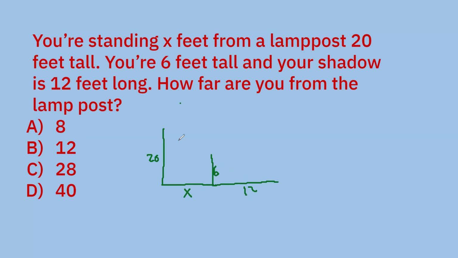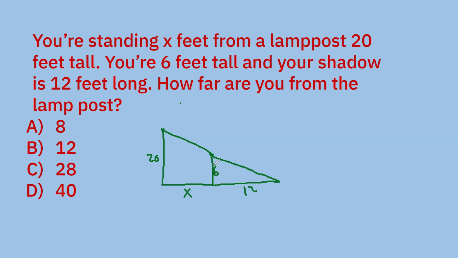So now what happens is the light goes from the lamppost, hits the top of your head, keeps going at the same angle. So it forms a triangle here that is the same in proportions as the big triangle. So this is a similar triangle problem, and we want to find what X is based off of that. So we're going to set up a proportion.